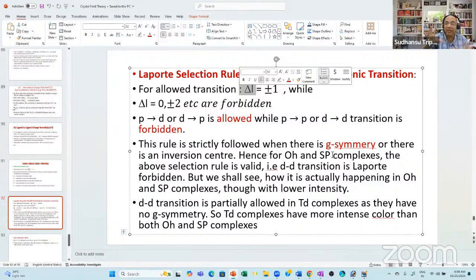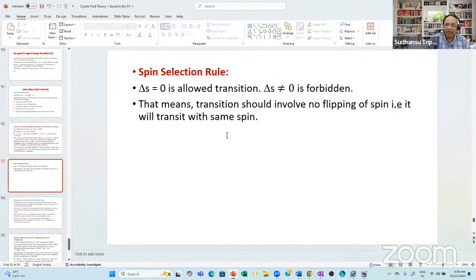Octahedral and square planar have g symmetry if all the ligands are the same. Tetrahedral lack g symmetry, so that is a slight violation of the Laporte selection rule. So it is slightly Laporte allowed for Td. Now the selection rule for spin, delta S should be 0. Whatever spin was there in the lower state will be retained in the higher state. Otherwise, the flipping is forbidden.